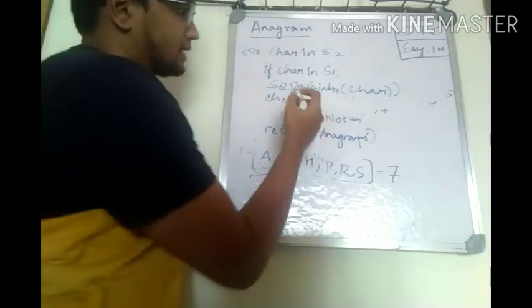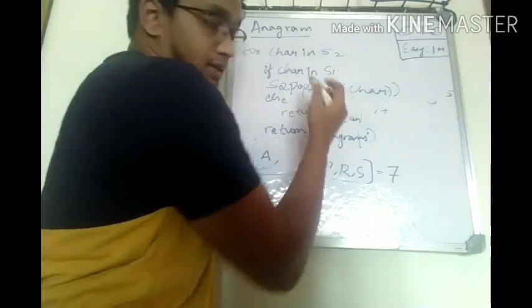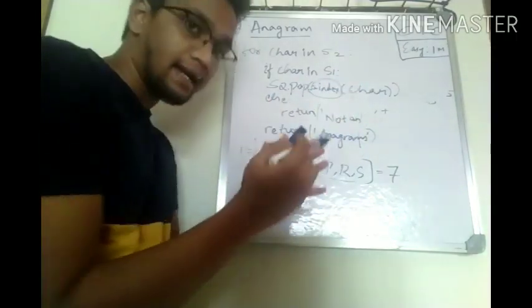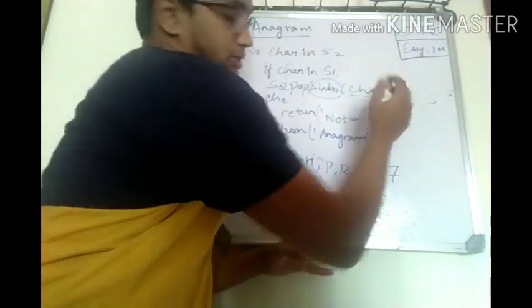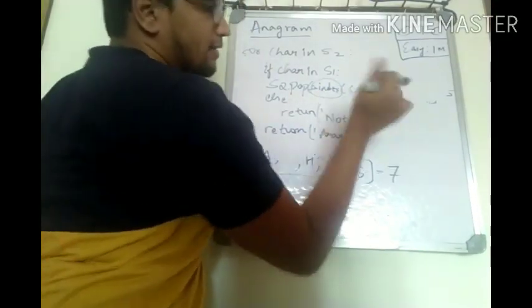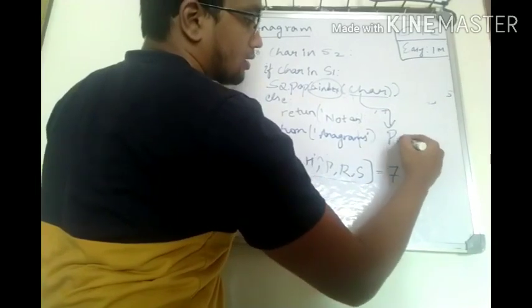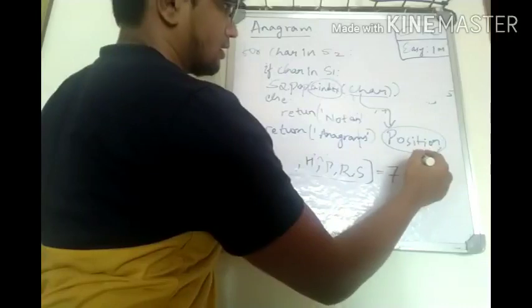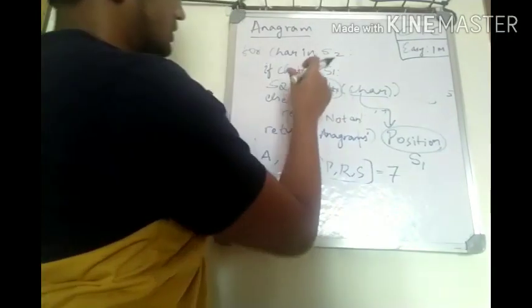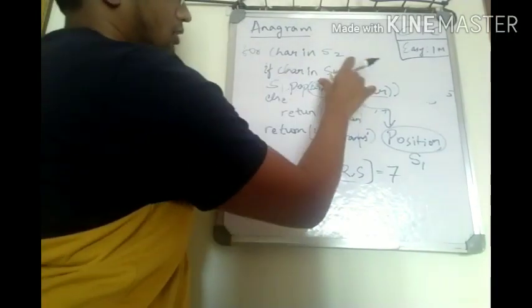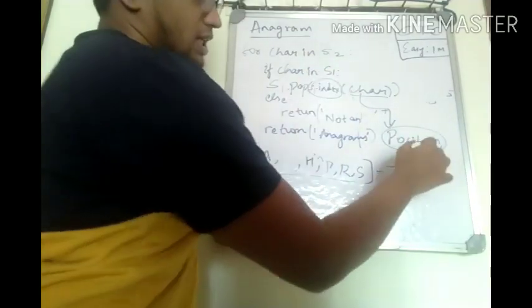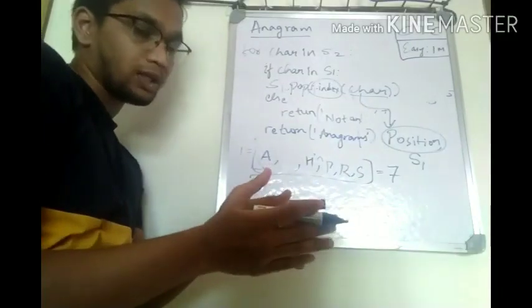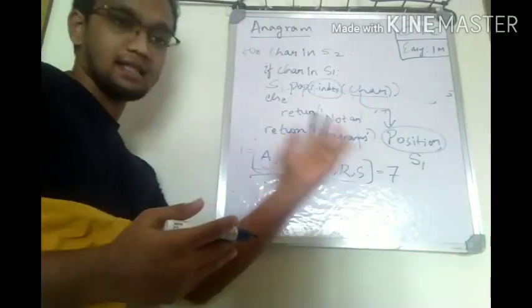That's why I'm using S1 dot pop with S1 dot index. This gives me the index of the character, the position in S1. So after we find both characters equal, we pop that character from the array S1.